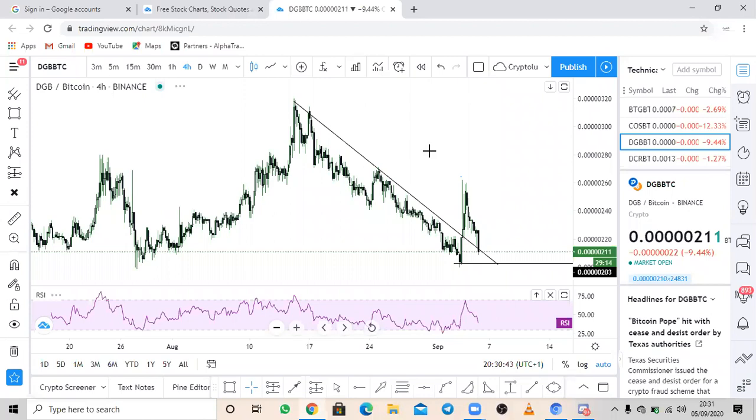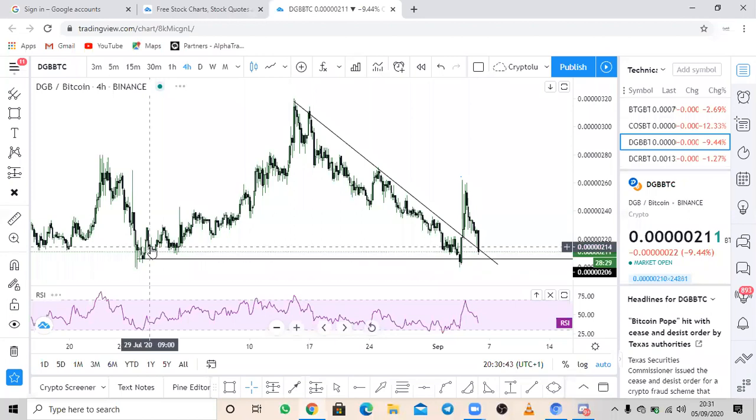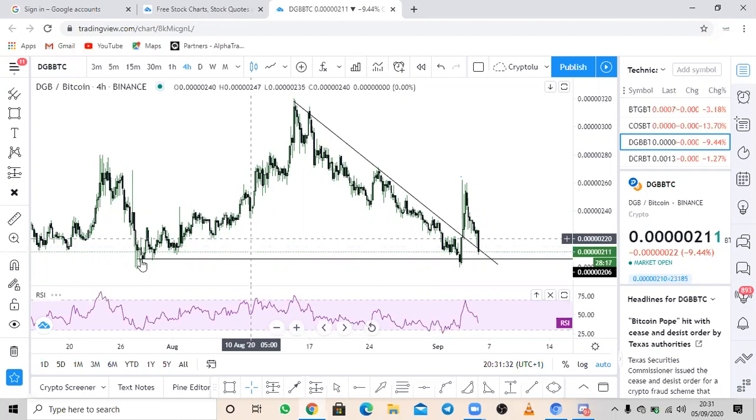So our confluence reason on this is still a bullish divergence, a downtrending resistance trend line with a retest, and a support level. So until we break below this support level here, then I'll know that my trade idea is wrong.